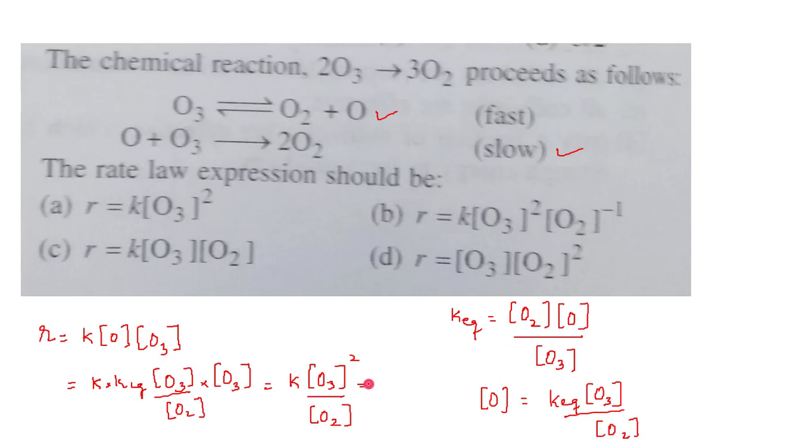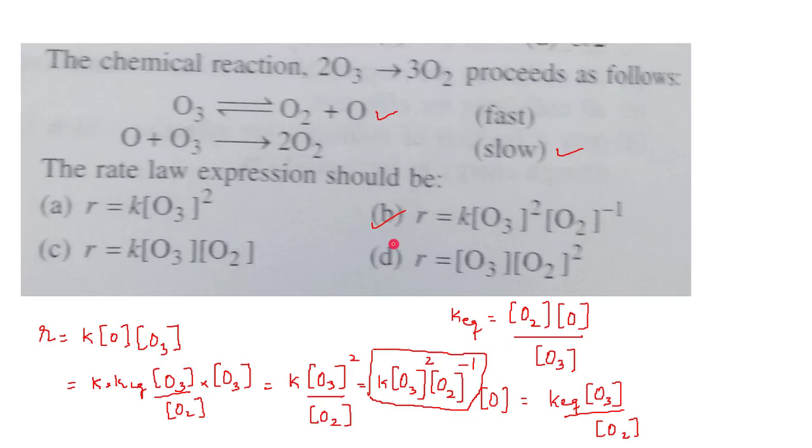Or K is equal to molar concentration of O3 raised to 2. If we take molar concentration of O2 raised to 1 to the numerator, what will happen? Molar concentration of O2 will be raised to -1, right. So this is the rate law you get for this mechanism or for this reaction. So the correct option will be R is equal to K, O3 raised to 2, O2 raised to -1, option B.